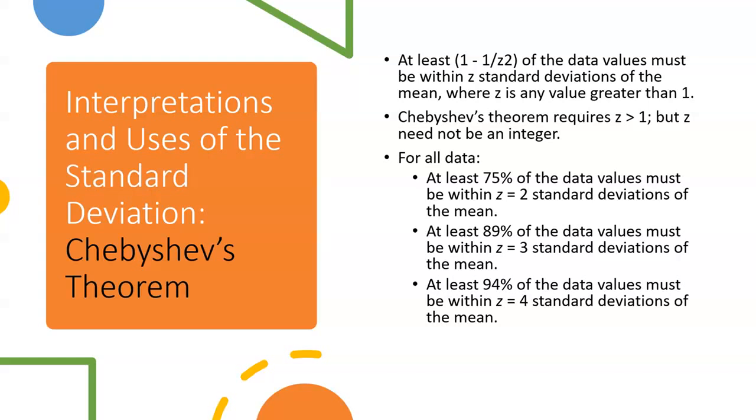And if you're 4 standard deviations, that should encompass 94% of your data values. So if you find that your exam score was multiple z values away from the mean, that's going to be an indication that your exam score was becoming more and more different from the group that took that exam with you.